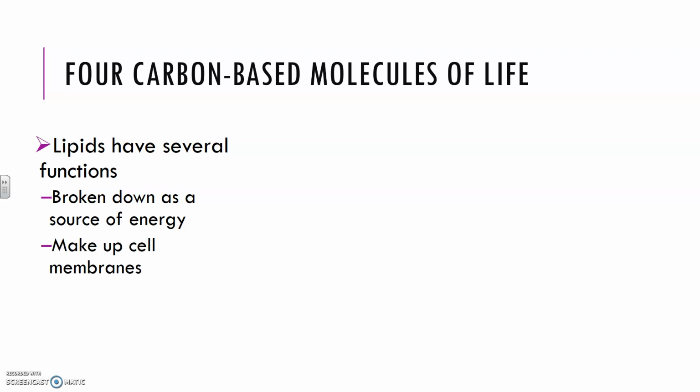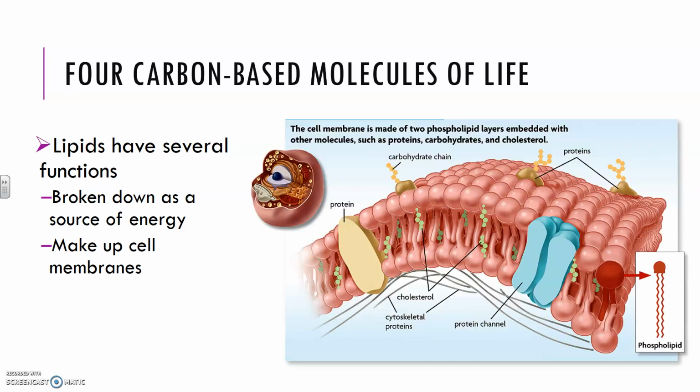Right? They also can make up cell membranes. So again, we're going to get more into this once we get to our organelles chapter, but there is a specific type of lipid that we'll talk about in just a little bit that makes up those membranes. Okay, so this is actually a view of a membrane. So you have some cholesterol that you can see that's kind of fit into the membrane.